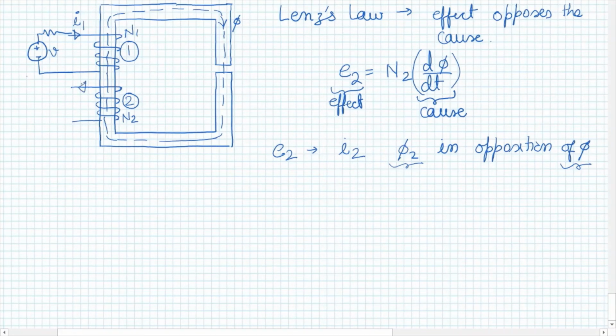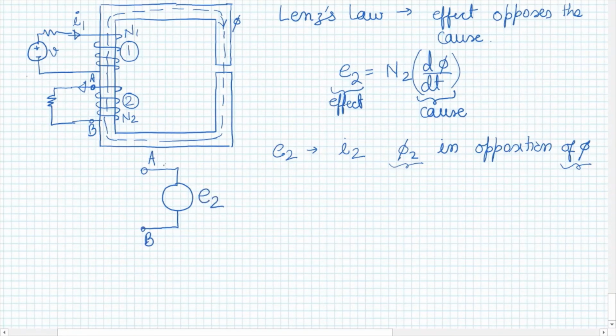If the circuit is closed, let's say we have a resistance connected at winding 2 like this. If we mark the terminals of winding 2 as A and B, then the induced EMF E2 will be between points A and B like this.